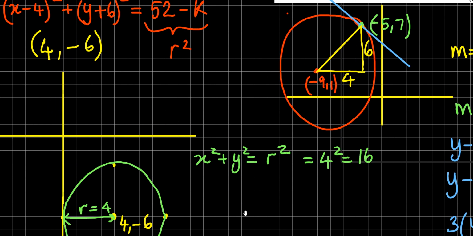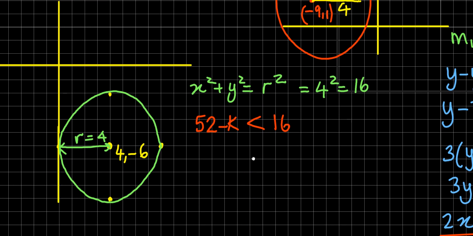It means that 52 minus k must be less than 16, because if it's bigger, then the circle would be outside of the quadrant.